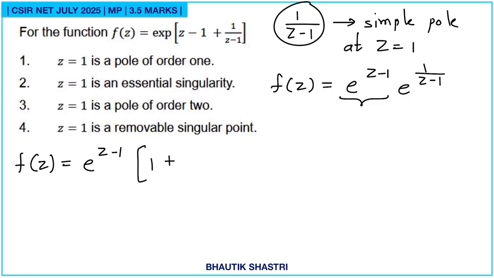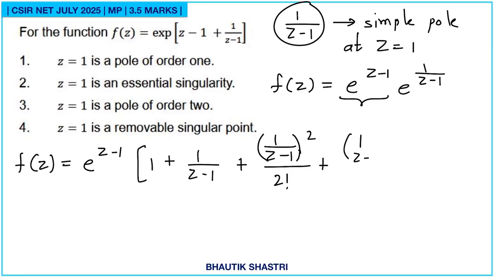So 1 plus 1 upon z minus 1 plus (1 upon z minus 1) whole square upon 2 factorial plus (1 upon z minus 1) cube upon 3 factorial, and so on. So this is the series. Now this series has an infinite number of terms with negative powers of z. That means this is an essential singularity. So option 2 is correct.